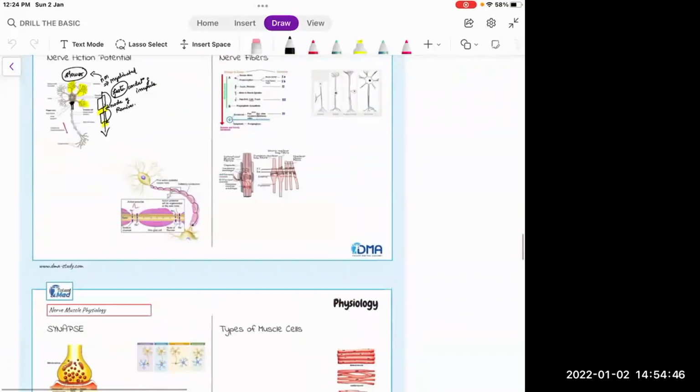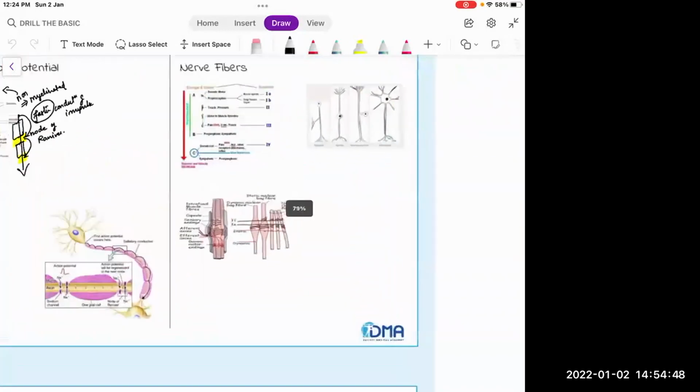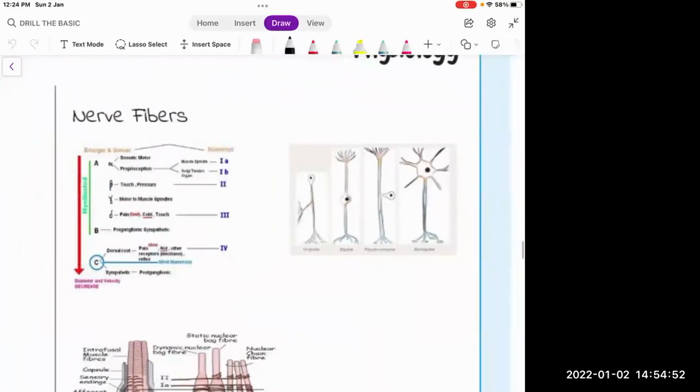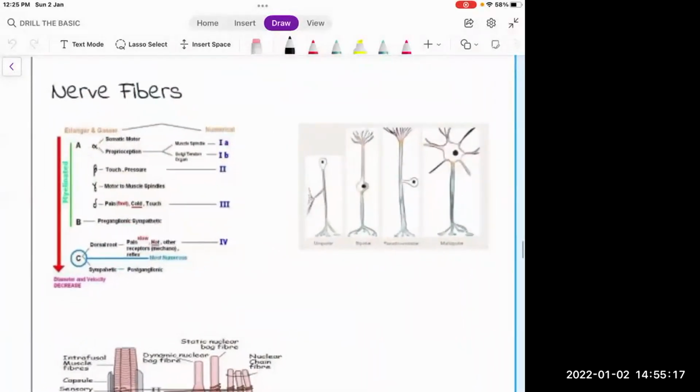The next we are going to see is the different types of nerve fibers. See, this types of nerve fibers is very important. So now going on to the types of nerve fibers.